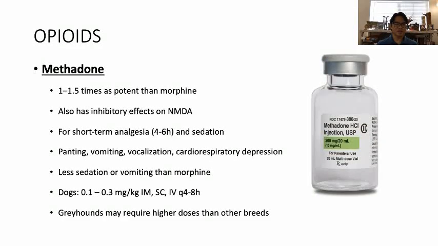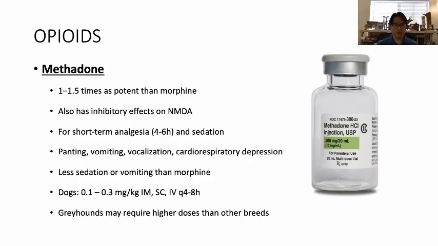Methadone is another common opioid that we use in practice. It is 1 to 1.5 times as potent as morphine. The other reason why some rehab therapists like to use methadone is because it also inhibits NMDA receptors, which would benefit patients, especially if you're treating chronic pain or neuropathic pain.